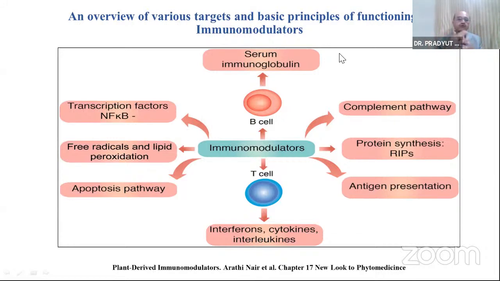To mention a few, we have the transcription factor NF-kappa B, free radicals and lipid peroxidation, apoptosis pathway, complement pathway, protein synthesis, and also antigen presentation. These are the various pathways on which the immunomodulators act. But predominantly, if you come to the basic principles, their role is to stimulate both the adaptive and the innate immunity, that is the B cell and the T cell immunity.